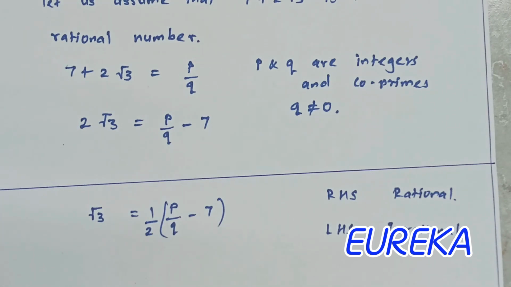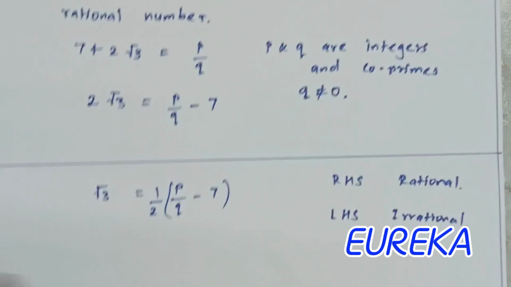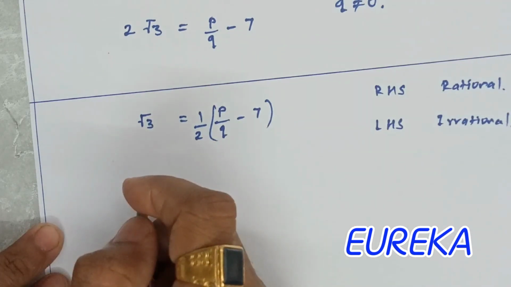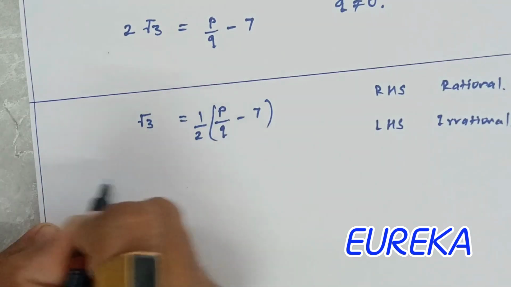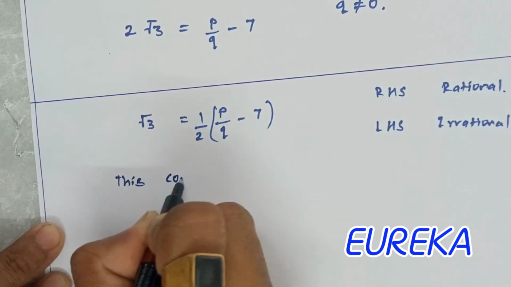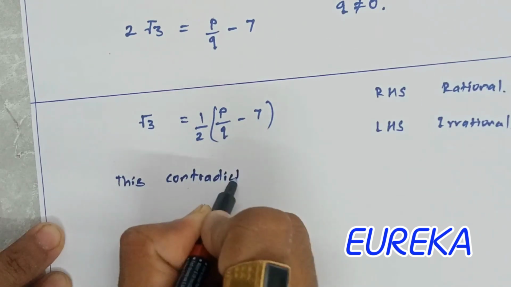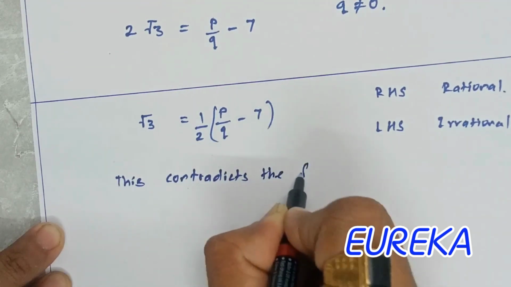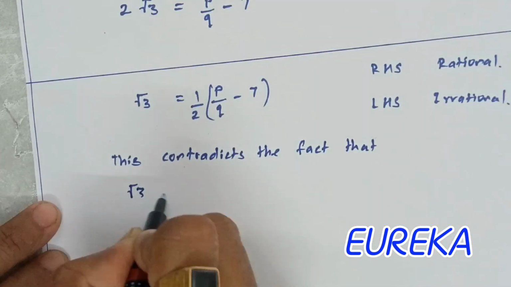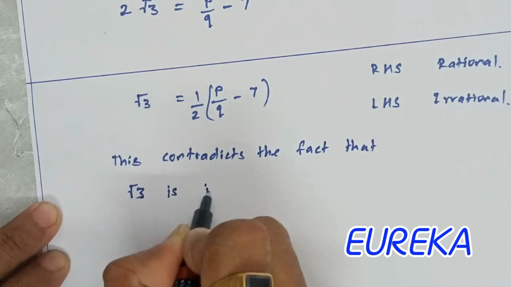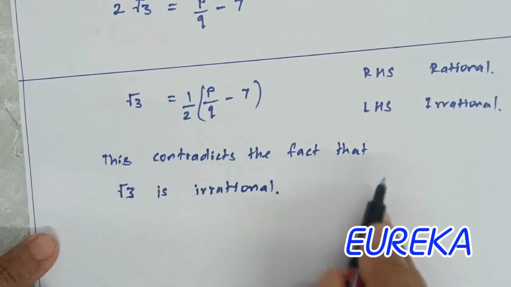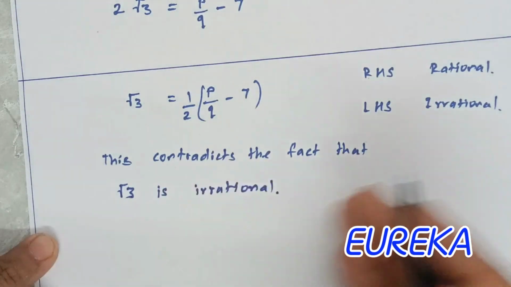So we will say that this contradicts the fact that root 3 is irrational, because we have already proved it.